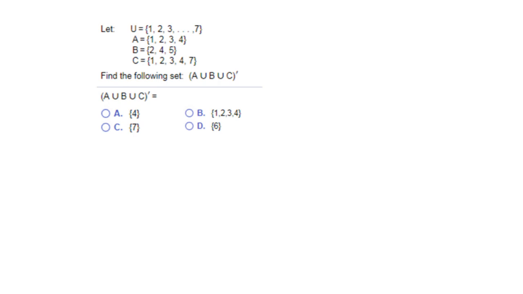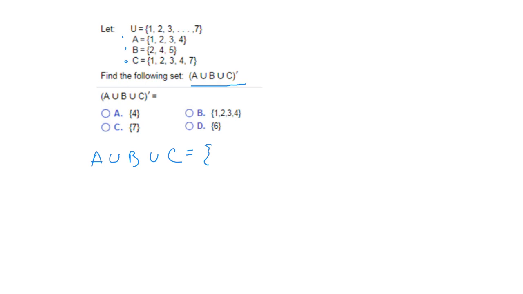Once again, we are given three sets, A, B, C, with a universal set. And it asks us to find the complement of A union B union C. So the first step you want to do is rewrite just what's inside the parentheses, A union B union C. And we're going to focus on all three sets and uniting them.